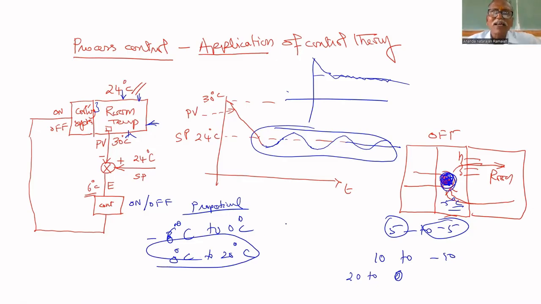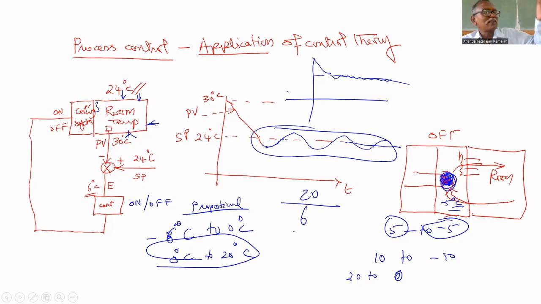Proportional to error. What is the controller gain? Error is 6 degrees. The change in cooling element temperature is 20 degrees. 20 divided by 6, how much? 3 point something, 3.66. Am I correct or not? So if error is 1 degree, the temperature will be 3.66 degrees less than the 24 degrees centigrade.